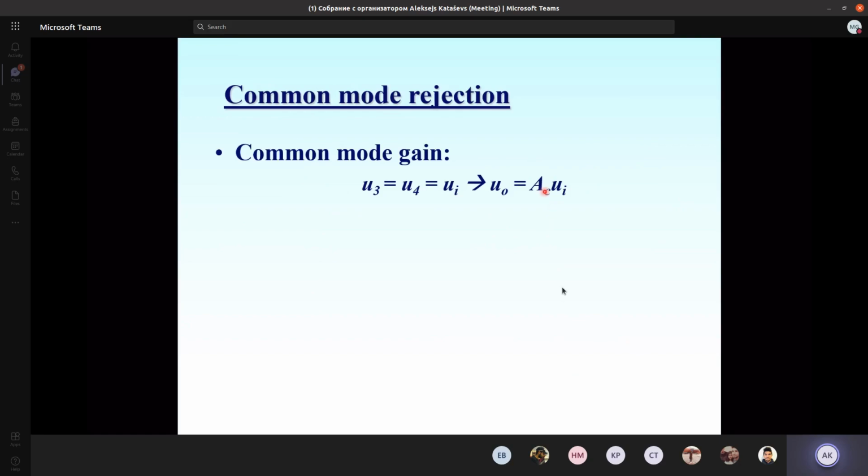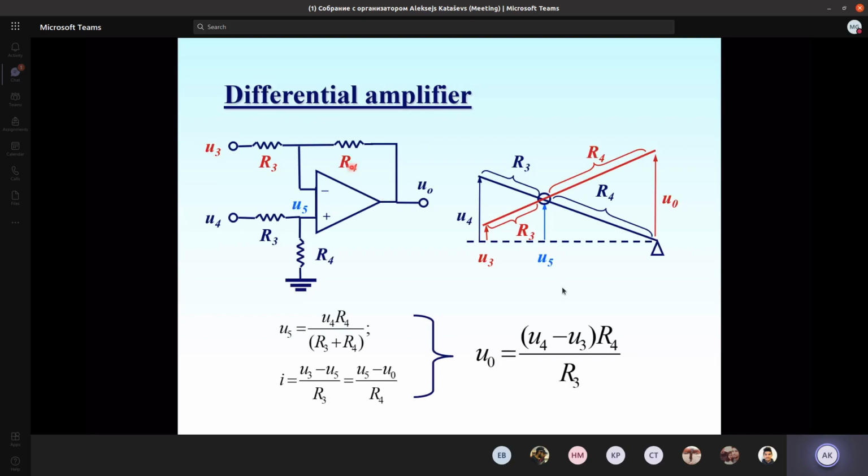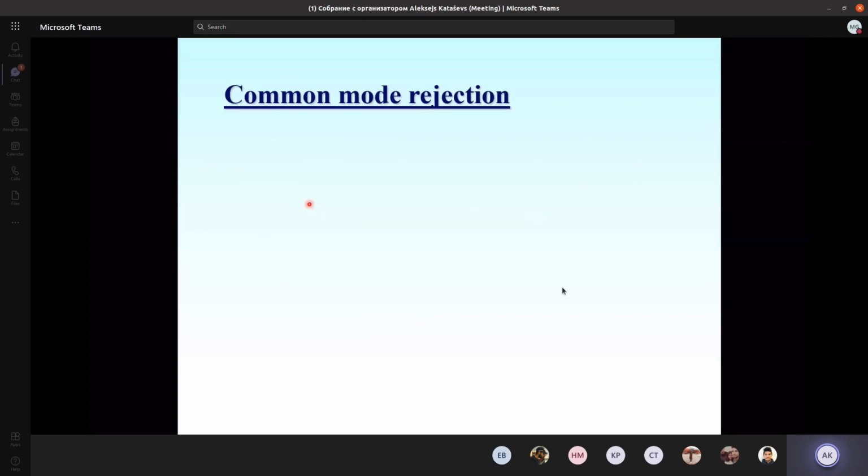Because if we have the same voltages on both inputs, we should have 0 for the ideal amplifier. For the real amplifier, because of little differences in the ratio of R3 to R4, because of differences in the operation of the inverting and non-inverting inputs of the amplifier, because of non-idealities that we could meet in real life, the output voltage will not be absolute 0.